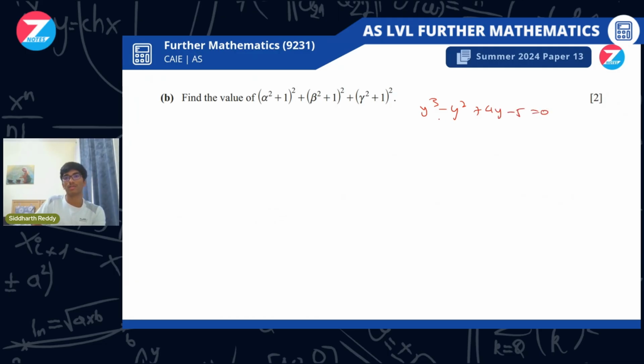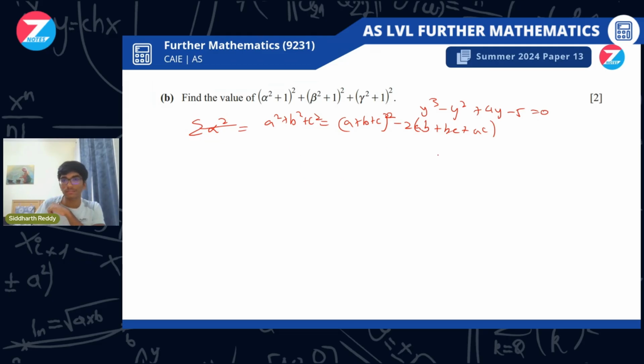So this is basically the sum of the root squares, which we can write like this. We can say a square plus b square plus c square. We can always rewrite it as (a plus b plus c) whole square minus 2 times (ab plus bc plus ac), like this.